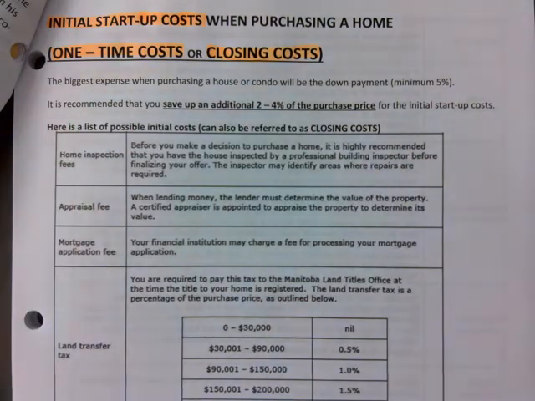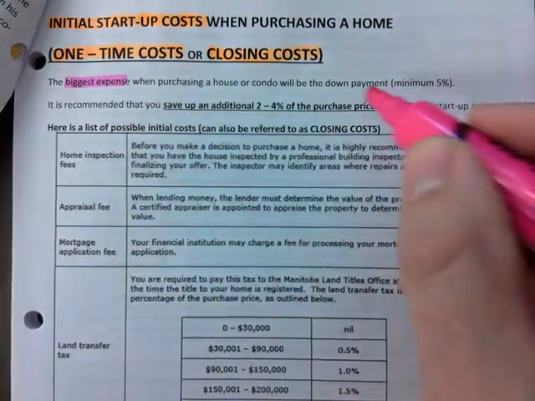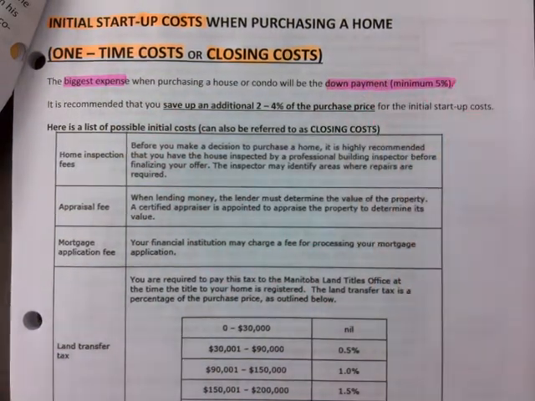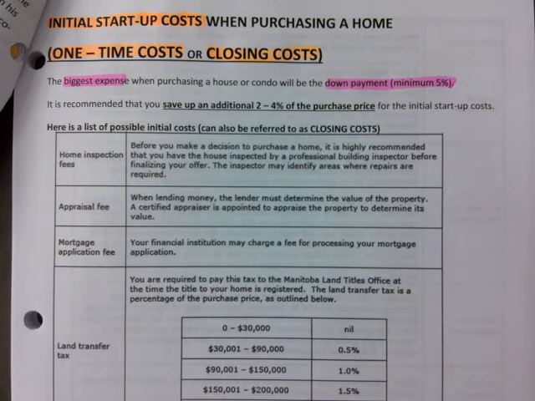Guess what? The biggest expense you're gonna incur is your down payment. You need a minimum of 5% down. This is regulated federally. You do not get to bypass this. Okay. So it could be that your parents give you that money. Sure, good for you. But you need the 5%.